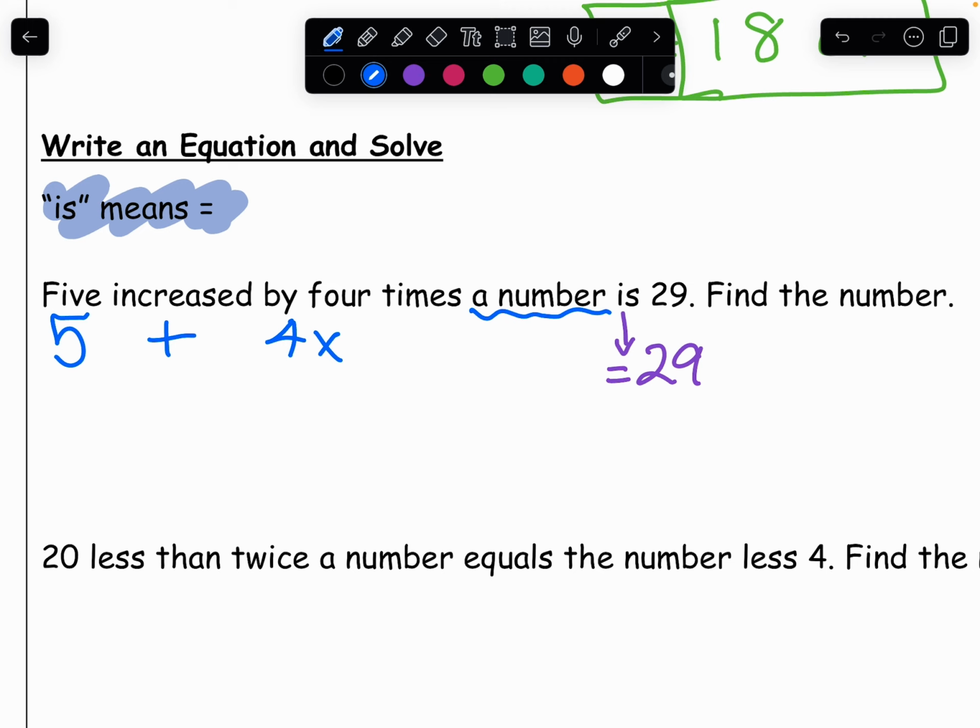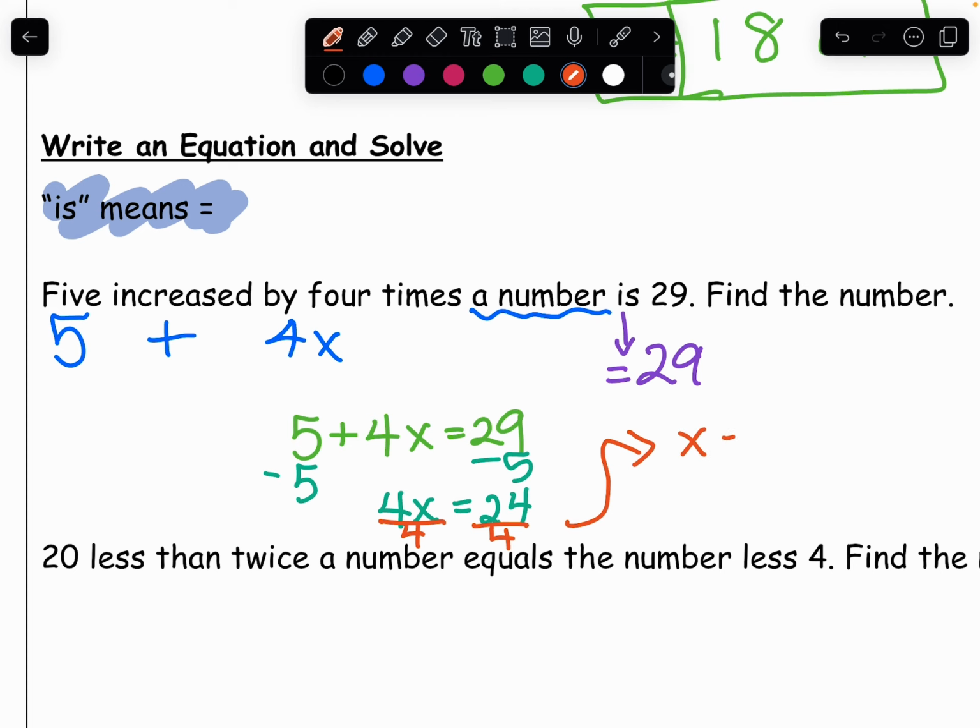Bringing all of that together, we get 5 plus 4x equals 29. Now we can solve: subtracting 5 from both sides, we get 4x equals 24. Then dividing both sides by 4, we get x equals 6. So the number is 6.